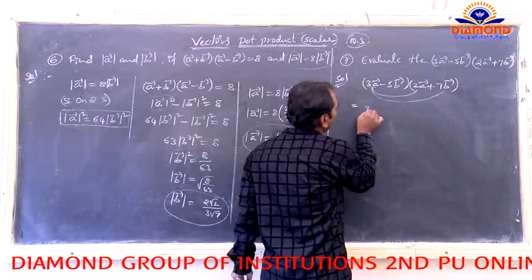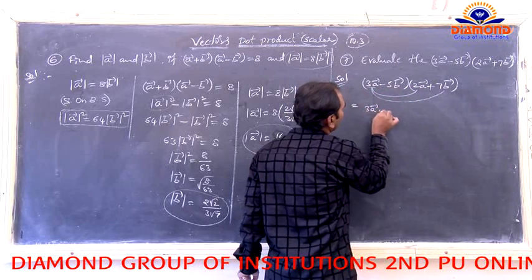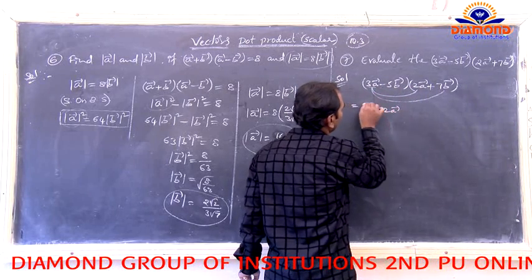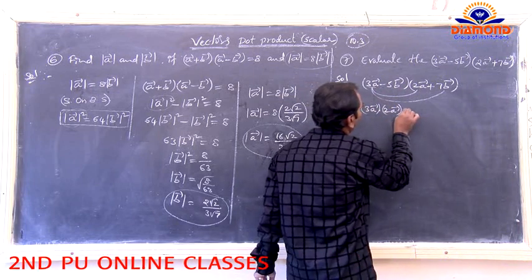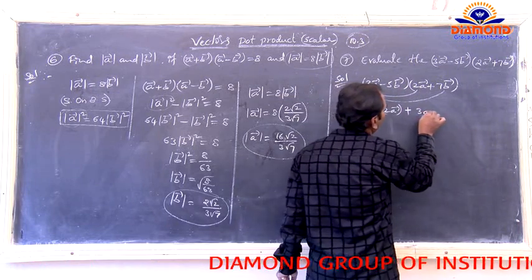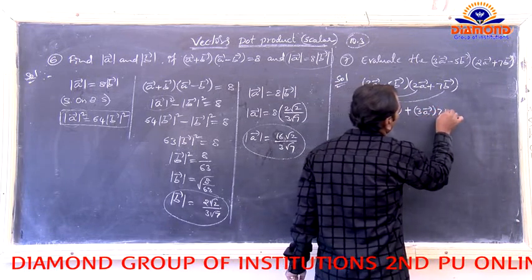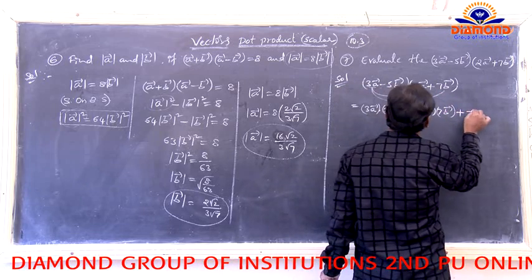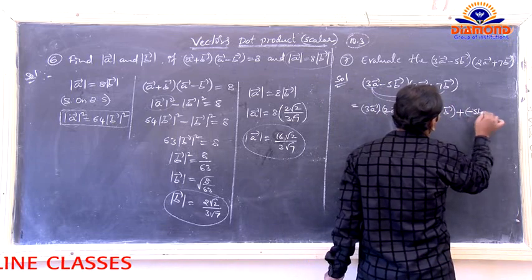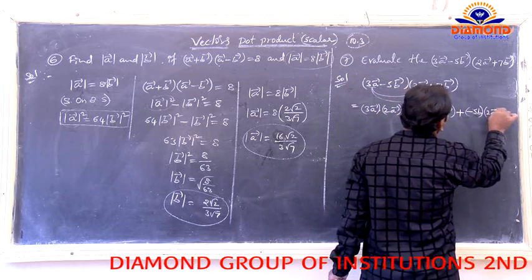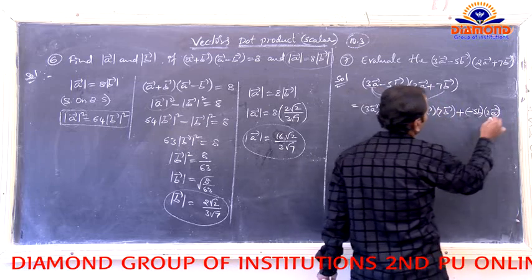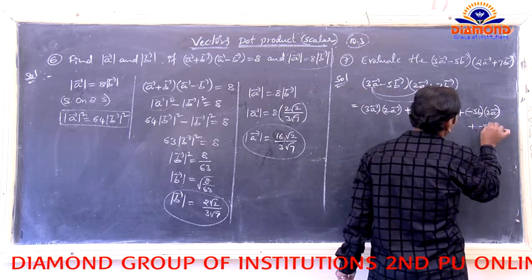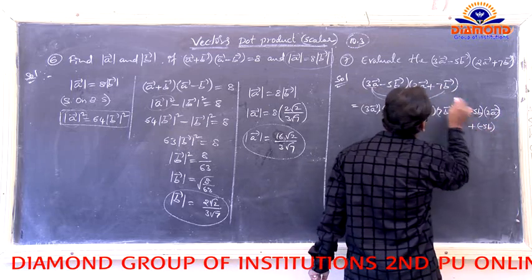So 3A dot 2A, plus 3A dot 7B, plus minus 5B dot 2A, again plus minus 5B dot 7B.